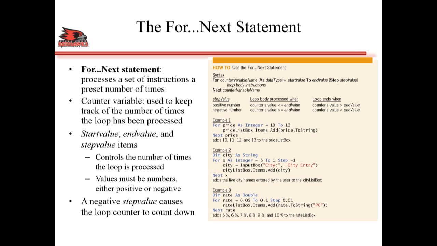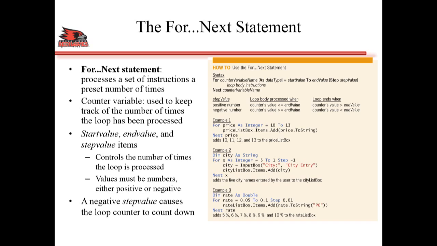Now in the for next, we run it for a certain number of times: 5 times, 10 times, 15 times, whatever number of times. So if you want a repetition structure which processes a set of instructions a predefined number of times, we use the for next statement or the for next repetition structure.